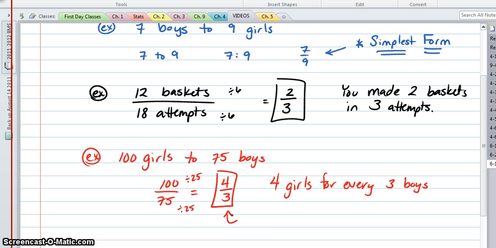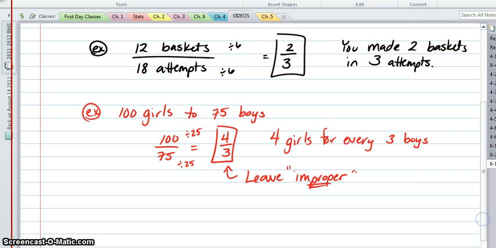In this example, we are going to go ahead and leave this ratio improper. Why do we have to do that? I know I always say simplify, simplify, and if we were going to go ahead and change 4/3, we would write it as 1 1/3. So why are we not going to do that in this case? Well, these numbers represent quantities.